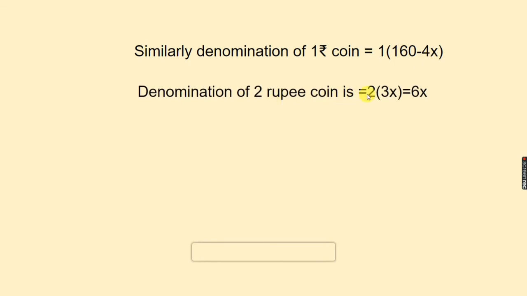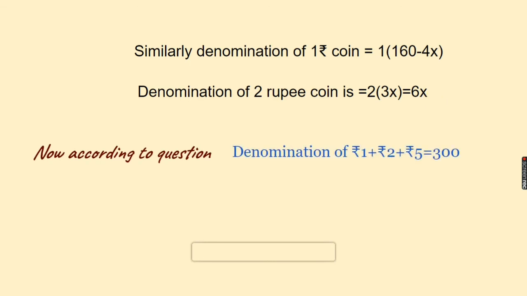Denomination of 2 rupees coins is equal to 2 multiplied by 3x. 2 is the value of 2 rupees coins and 3x is their number. Now multiplying 2 into 3x, we got 6x. Now our question says that denomination of rupee 1 plus rupees 2 plus rupees 5 is equal to 300.